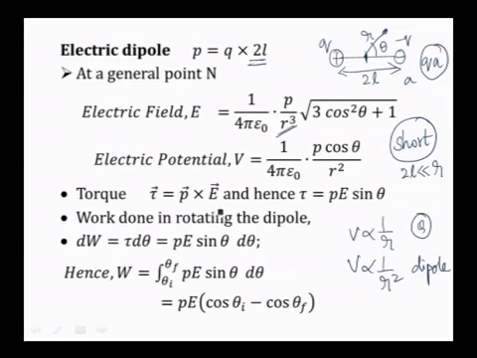And if you rotate a dipole in an external electric field, because you are rotating against a torque which is already present there, work is done against the torque, and small work done for a small rotation is τ dθ. So pE sinθ dθ, and for rotation between some θ to another θ, the total work done is the integral of this. So you are getting it as a cosθ difference, pE (cosθ initial minus cosθ final). That is the total work done in rotating the dipole from θi to θf.